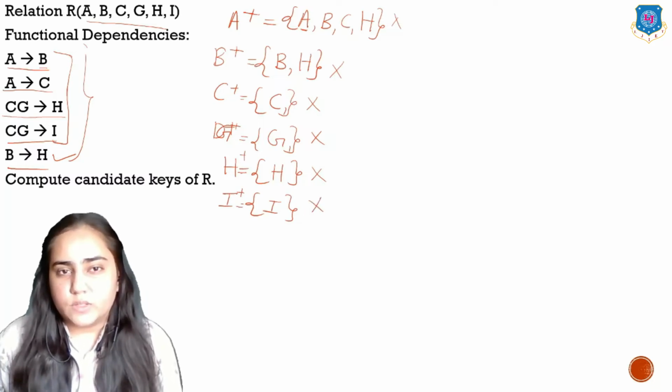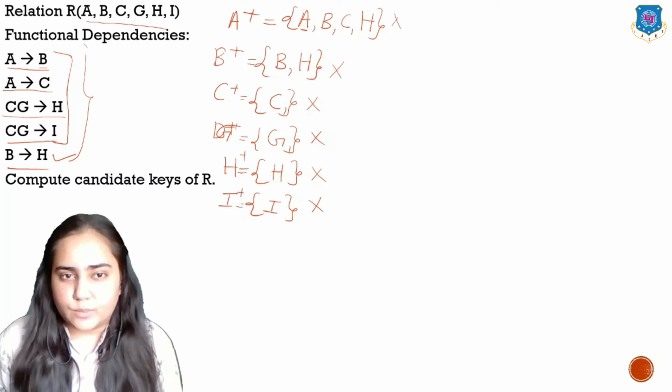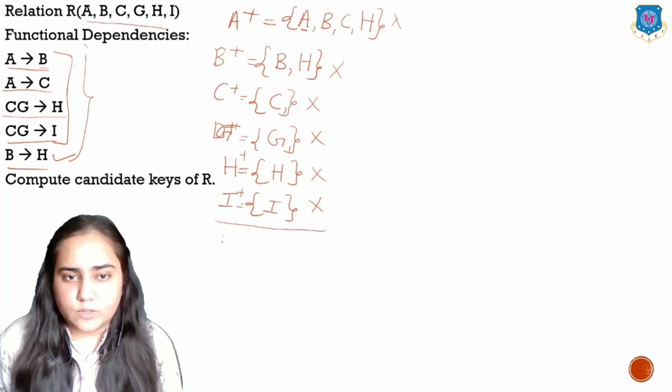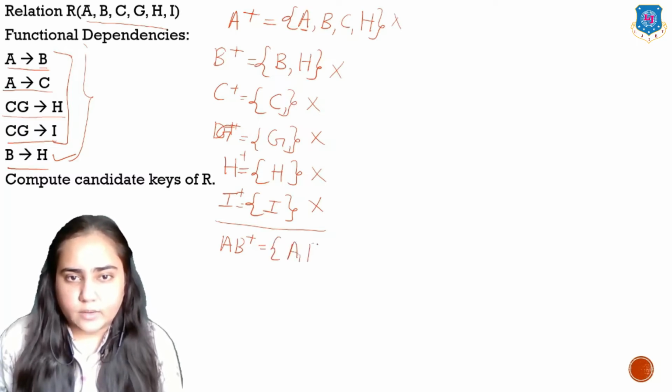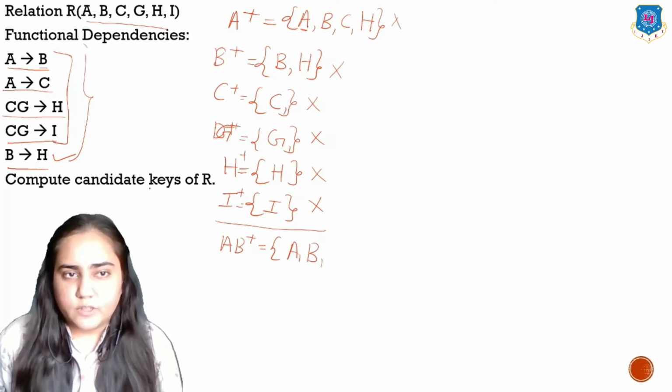When you have exhausted all possibilities with single attributes, you will try with two attributes. So now we will take combinations of attributes. And so we are going to take AB plus. When you take AB plus, you get to add A and B just as they are. After that, you will check the functional dependencies.